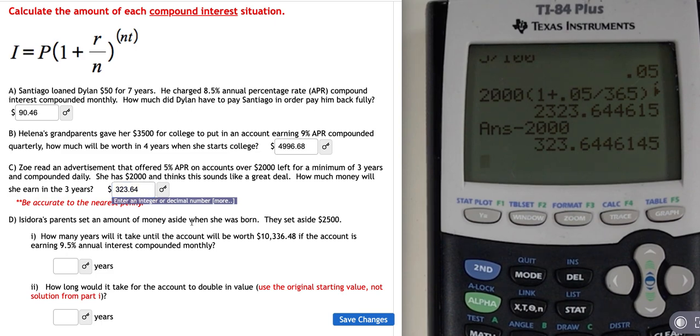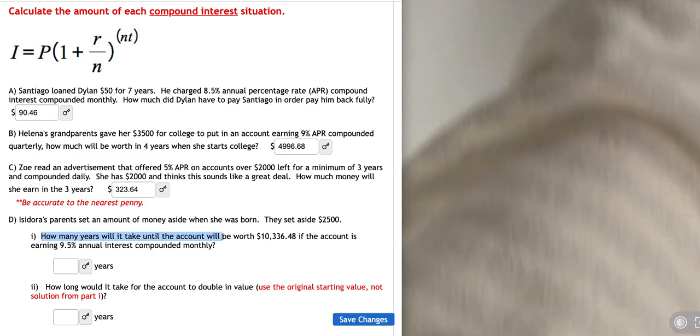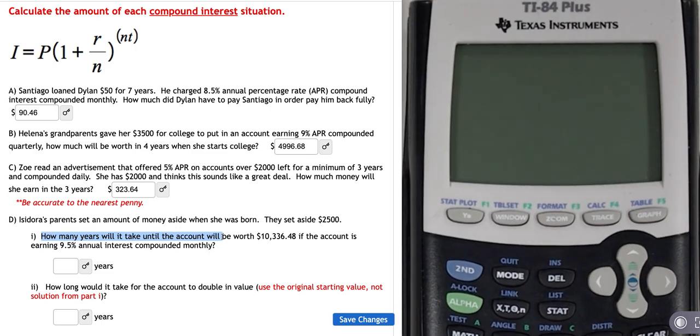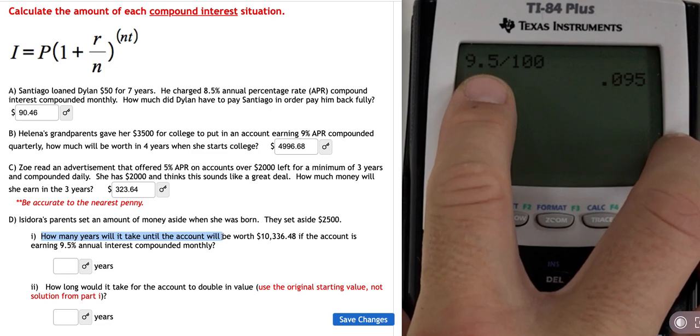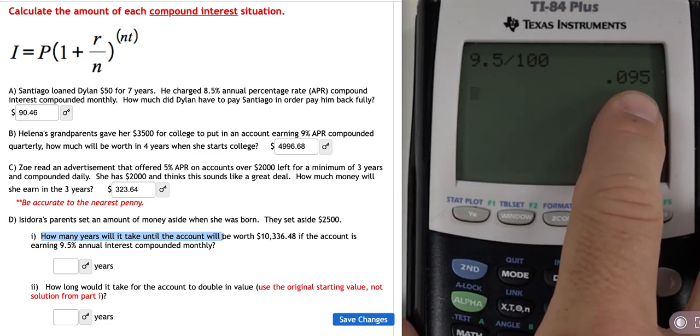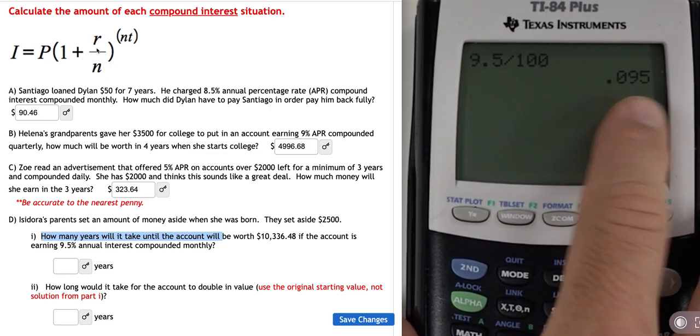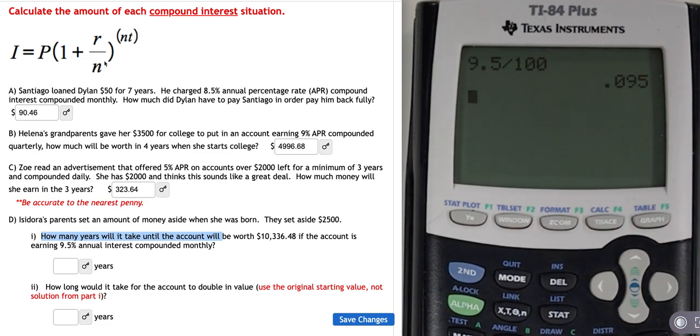The last one. This last part is asking you about how many years until something happens. When you see questions that ask you how many years until something happens, you want to use the table. But before we do that, we first have to figure out what the rate is. As you go to the main screen here, the rate is 9.5%. So as a decimal, when I refer to the R in this formula up here, that R is going to be 0.095.